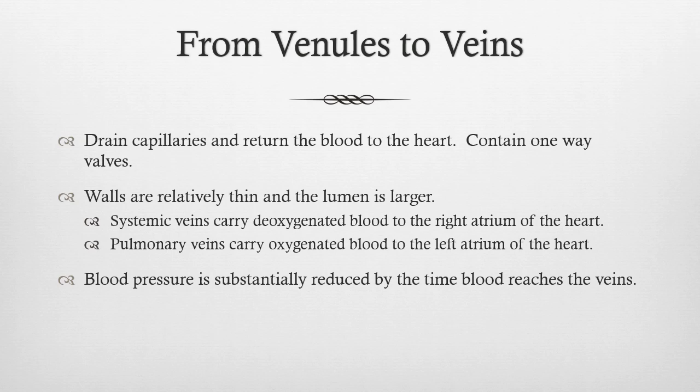If the hallway is very, very packed with people, and we try and get everybody to move out into the hallway and walk all at the same time, everybody has to move a lot slower because they really have nowhere to move. But if we kind of divert them and move them into opposite directions, now we've got less people in the hallway and things can move a lot faster and a lot smoother within there. So blood pressure keeps on falling and falling and falling as we move through the veins as we get into these larger vessels.